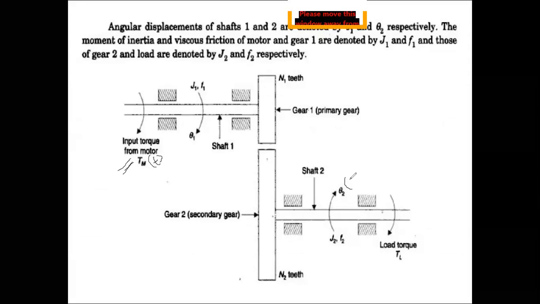So the output will be theta 2 of s. What will be the transfer function then? If it is theta 2 of t in the time domain, in the frequency domain what are you going to get? H of s is theta 2 of s by Tm of s. Is it okay?